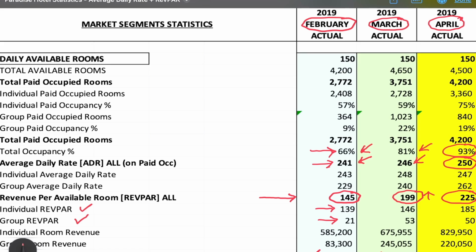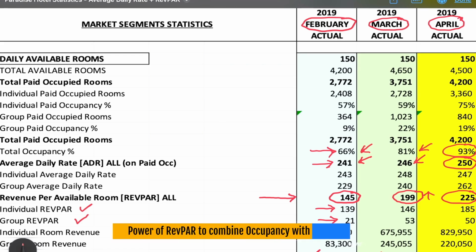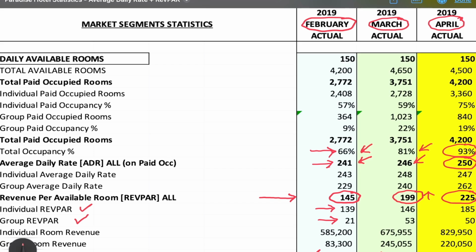This is the power of RevPAR. And the more you use a concerted strategy to include occupancy as well as ADR, and thereby looking at your RevPAR, your revenue generation process is going to be that much more powerful.